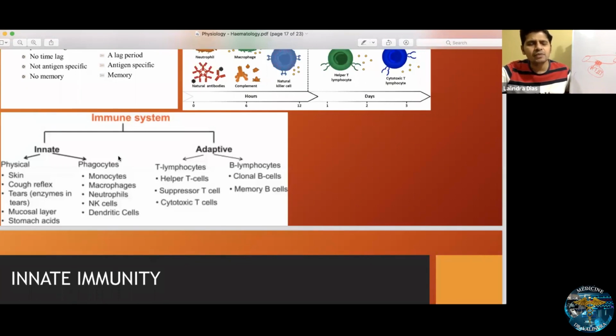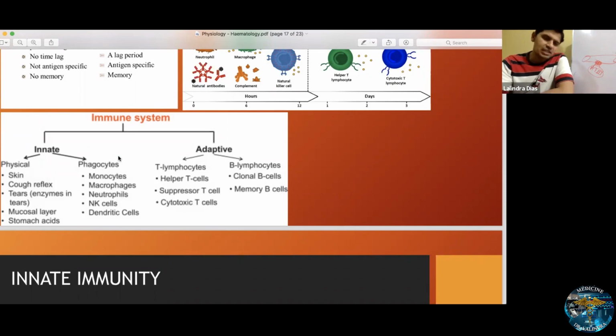What are the cell types involved in phagocytosis? I already told you. The mast cells, they will form into macrophages. Then you have neutrophils, macrophages, natural killer cells, monocytes, and also dendritic cells. That's important to remember, as they ask in the MCQ paper: what are the cells in the innate immunity?